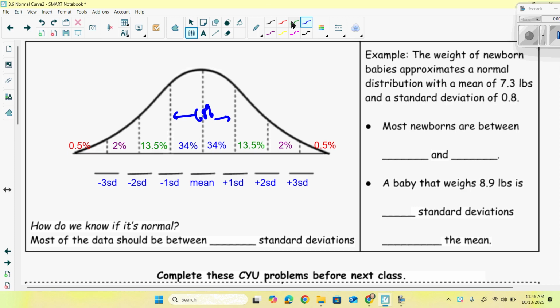And then two standard deviations, it's going to be a total of 95% of the data. Okay, if we go a little bit further, you can add them up. It's 99% is within three standard deviations, and a standard deviation is going to be these points right here.